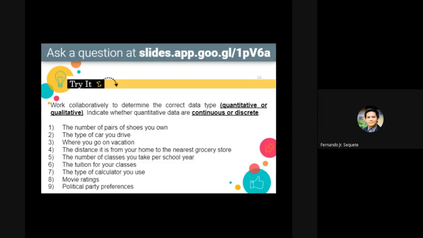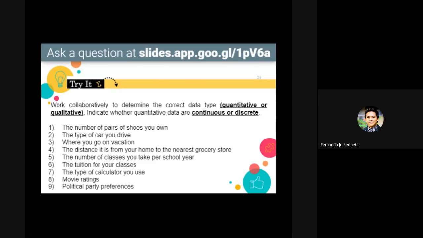That is quantitative discrete. Very good. Number two, the type of car you drive, is qualitative. Okay, number two is qualitative.